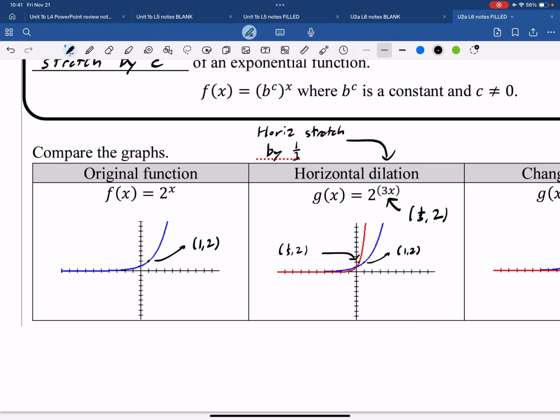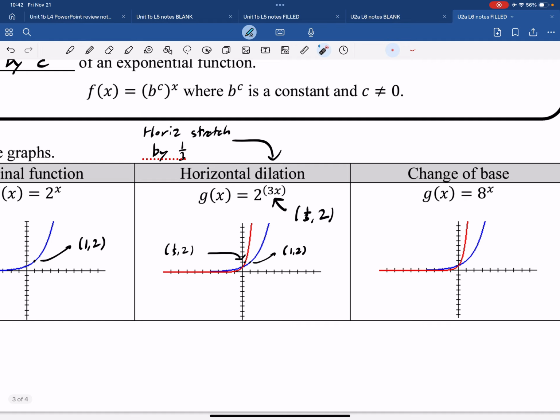All the x values on the original blue graph get multiplied by 1/3. The y values stay the same. The other way you could see it is, if we do some algebra here, 2 to the 3x is actually the same thing as 2 cubed to the x.